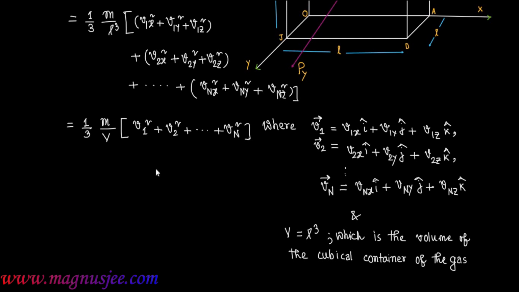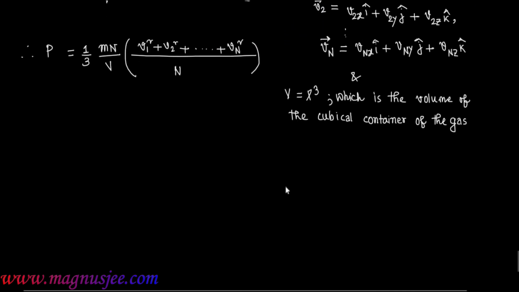of the ideal gas. V equal l cube, which is the volume of the cubical container of the gas, equal one third m capital N by V, v1 square plus v2 square plus dot dot dot vn square divided by n, where n is the total number of gas molecules.